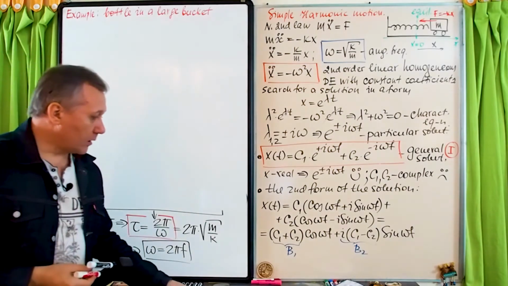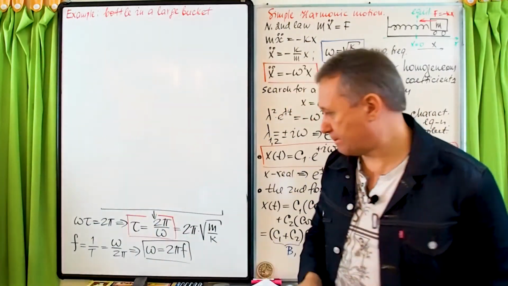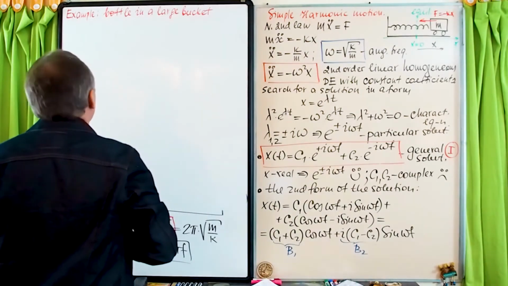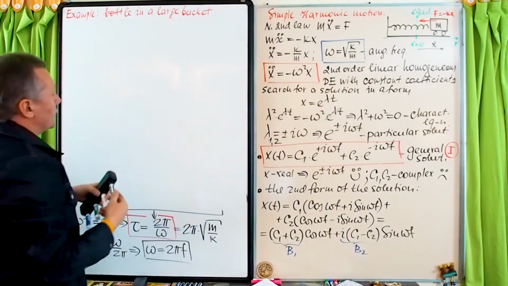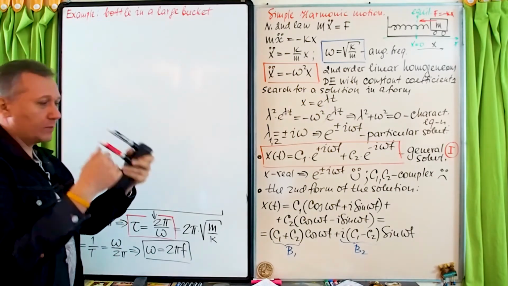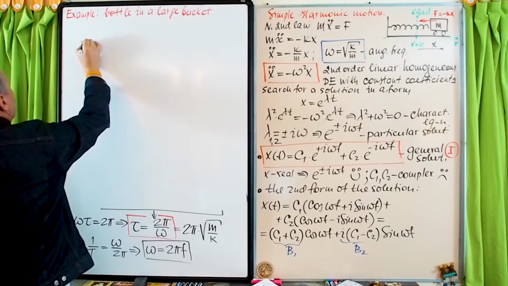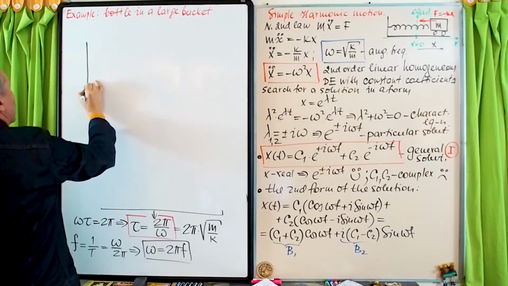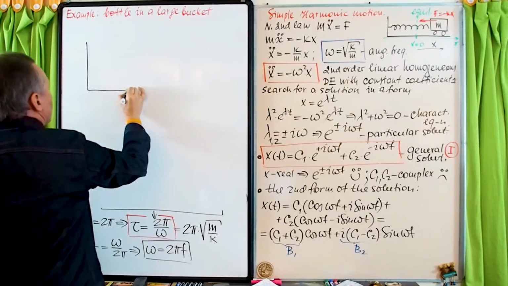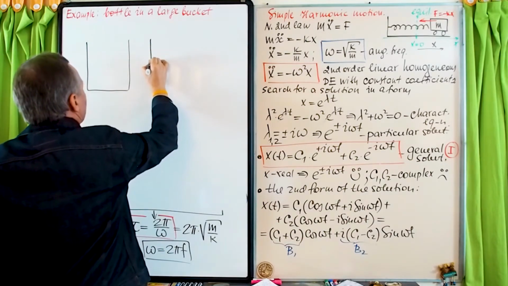Okay. I will just draw the picture and show what is given. I will draw two pictures, two buckets here and there. Well, I also juxtapose them. I'm just trying to estimate the amount of space I need. First bucket, and here there will be the second one.